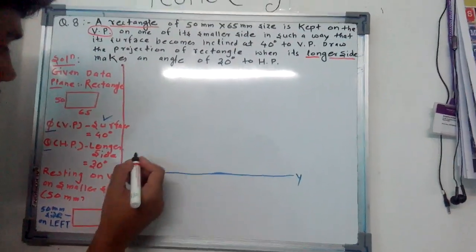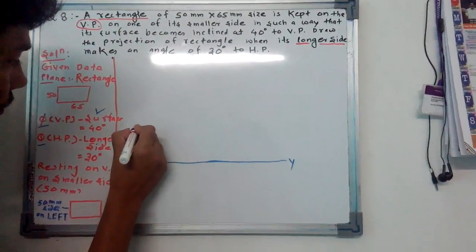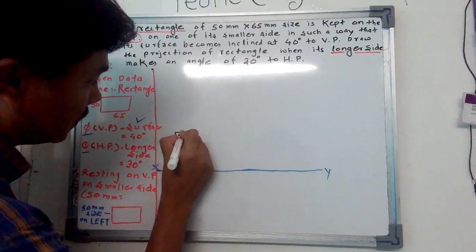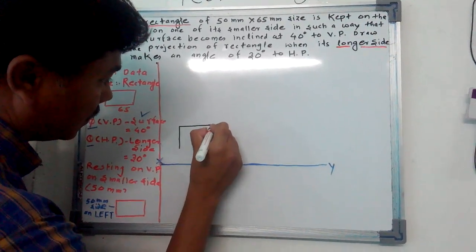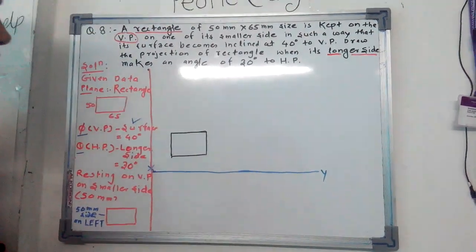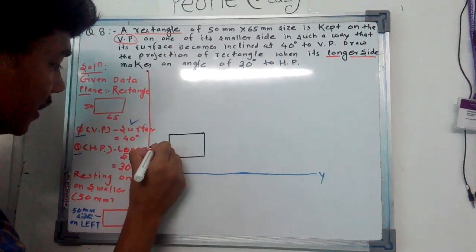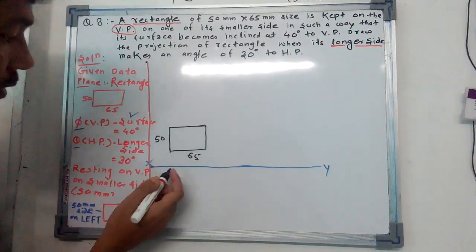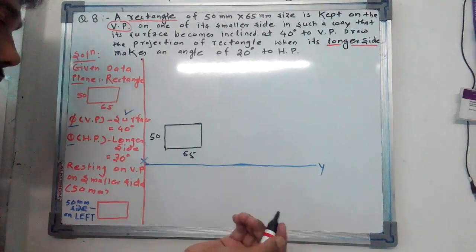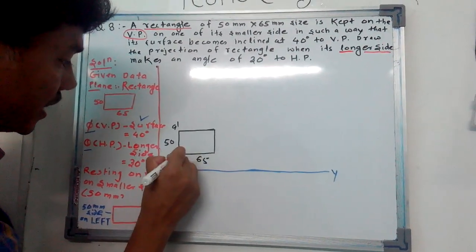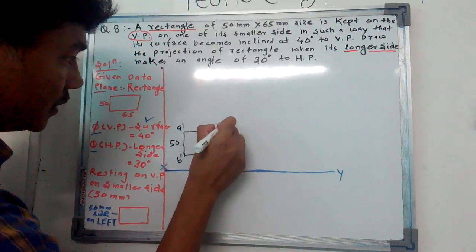So you get your true rectangle here of dimensions, this is 50 and this one is 65. Again the distance above XY line, any distance you can take. I name this point A dash, B dash, C dash, D dash.